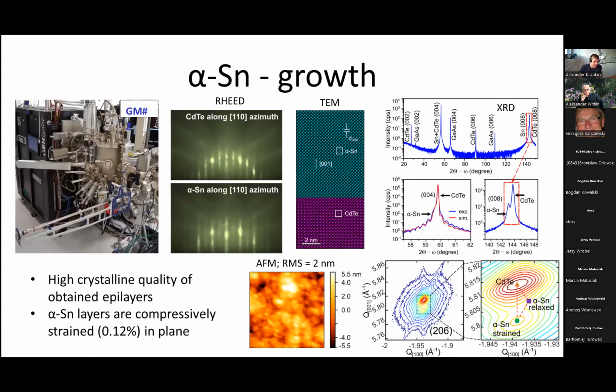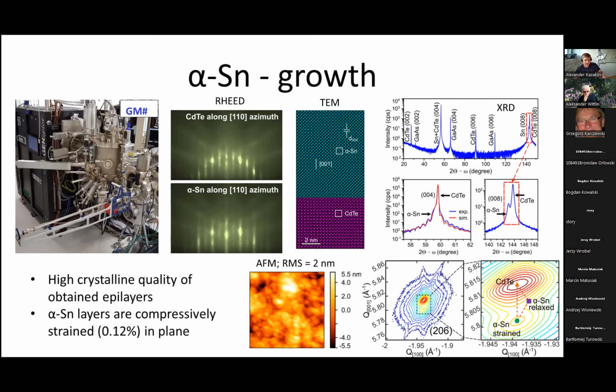So we used MBE to grow alpha-tin on cadmium telluride buffer layers. Here in the RHEED pattern, we see the high quality of the layers. With TEM analysis, we saw a very sharp edge between the cadmium telluride and alpha-tin.